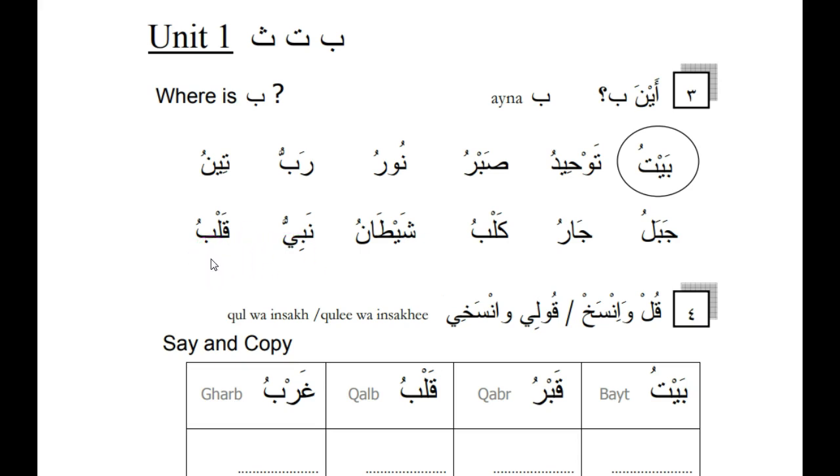Qalb. There are words that are confusing, that look like a ba, but they are not.